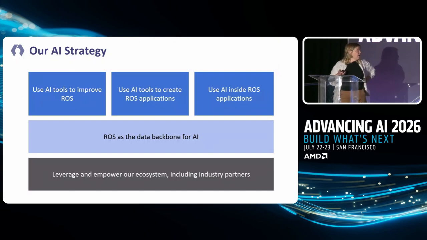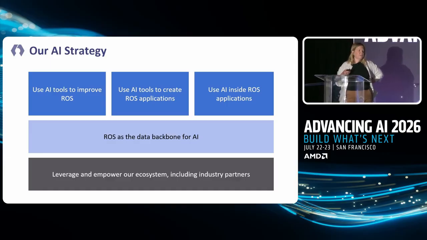I want to talk about our AI strategy and how we think about it. These break down into silos, if you want to think about it that way. The first one, the one that everyone thinks of, is these VLA models or the deep models. But we also think about how we use AI to improve the software in our open source project and accelerate our development speed.